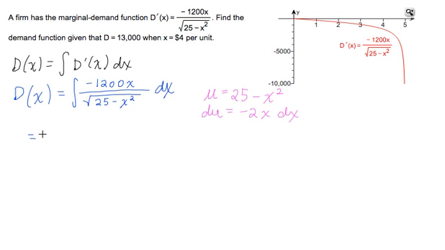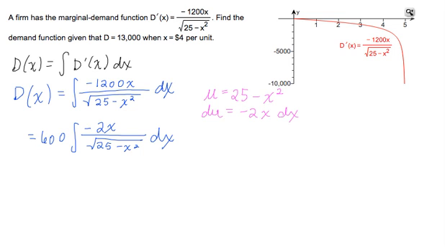So we're going to pull the 600 out front and write it as 600 times the antiderivative of negative 2x over the square root of 25 minus x squared dx. Okay, so then we can go ahead and substitute in u and du.